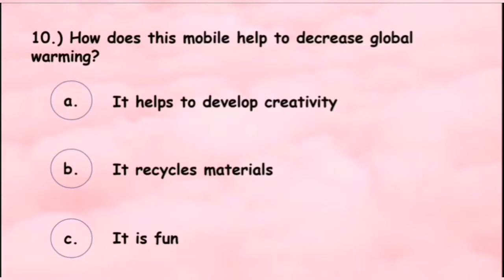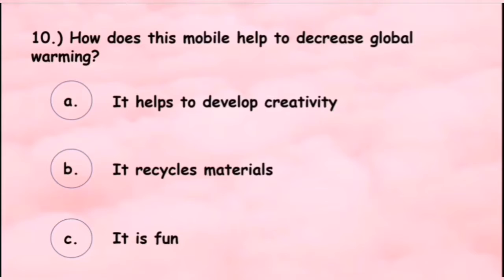So let's have letter A. It helps to develop creativity. So by being creative, being a good artist, are you going to help the problems about global warming? Yes or no? How about letter B? It recycles materials. So when you say recycle, you use the material again.